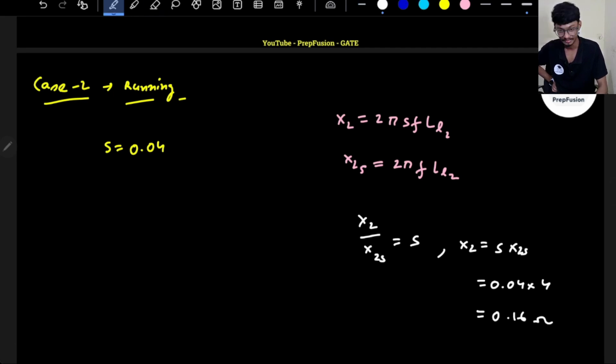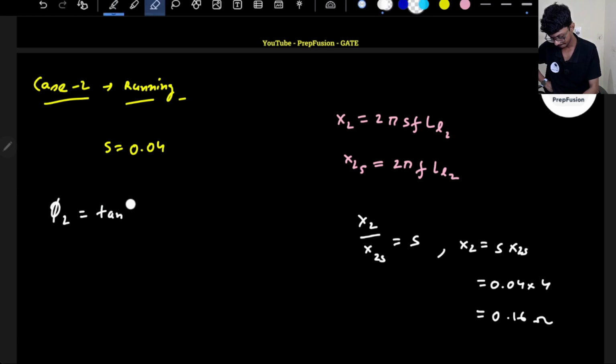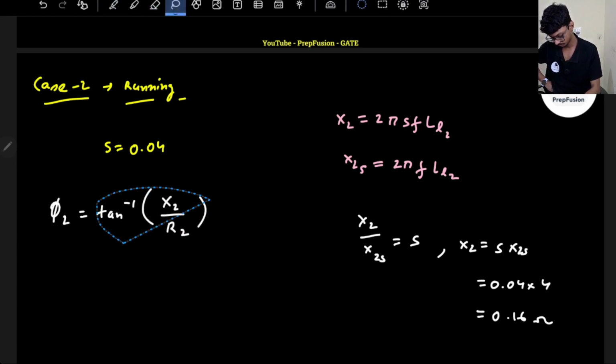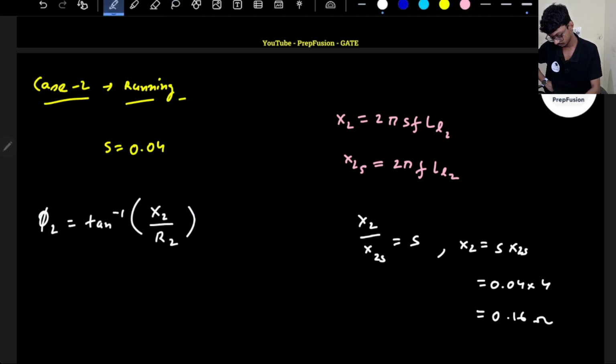Can you imagine how huge of a change this is? Let's see how much the power factor changes. Now the angle in the second case will be tan inverse of x2 divided by r2. x2 is 0.16 and r2 is 1 only, it does not change.